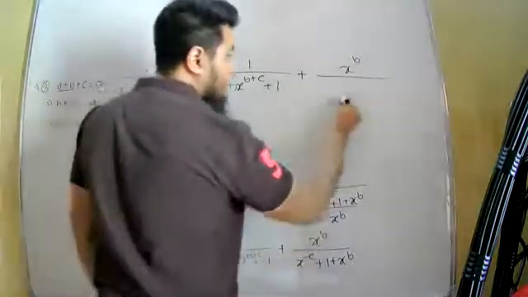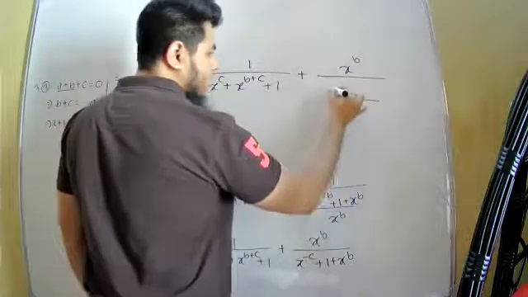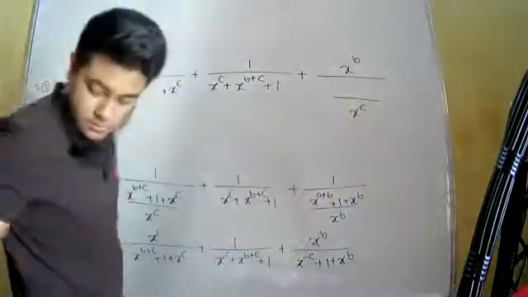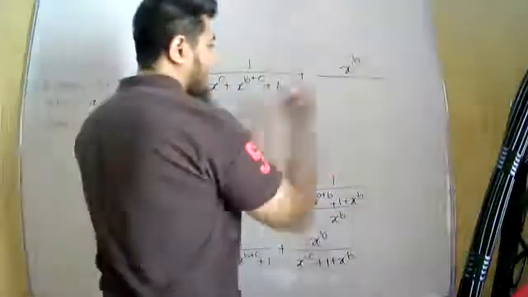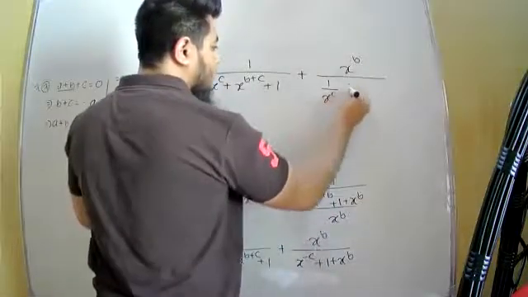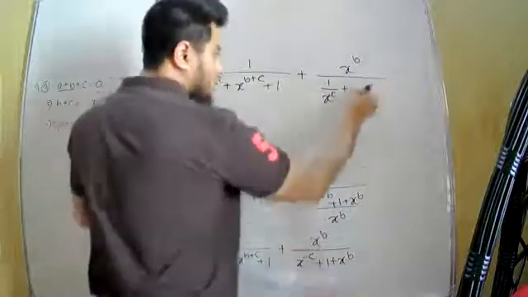X to the power minus c, this can be written as 1 plus x to the power.